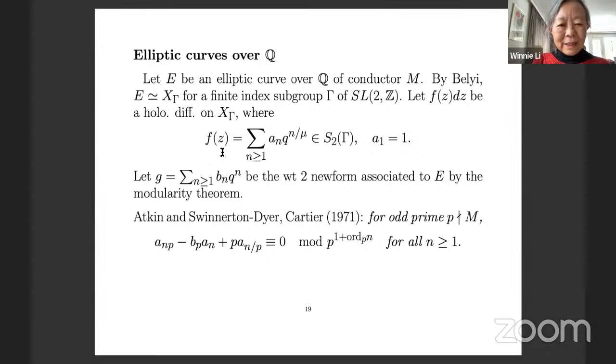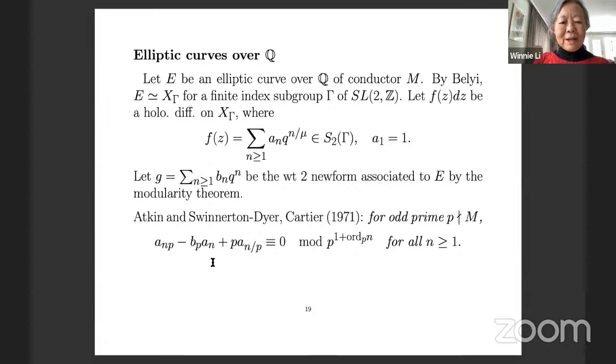Okay, but on the other hand, they found that if we just take the Fourier coefficients a_{np}, a_n, and a_{n/p}, they satisfy a three-term congruence relation, with the coefficient minus b_p coming from the p-th eigenvalue of this congruence modular form g, and the plus p in front of a_{n/p}. Okay, and it is congruent to 0 modulo a power of p. And this power of p increases as p divides n to a higher order.